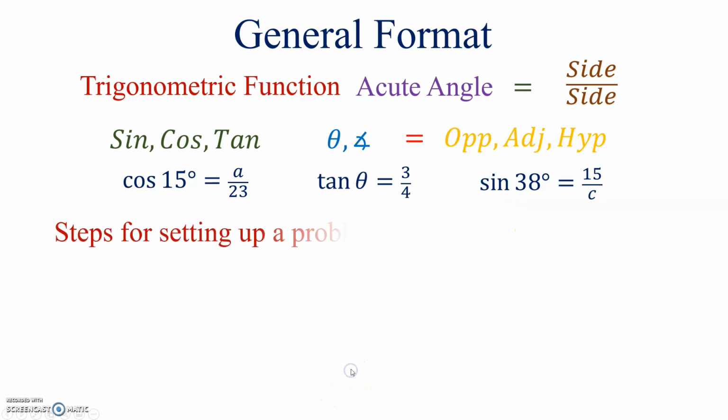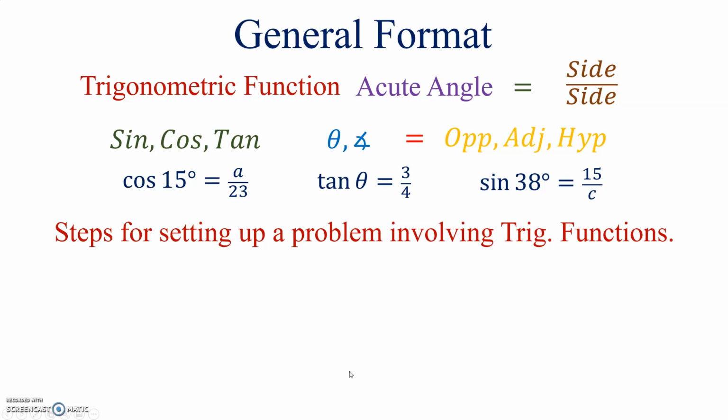All right, so now I'll give you some steps on actually creating these equations. Steps for setting up a problem involving trig functions. Step 1 is to identify the acute angle referenced in the problem. That's the first thing you want to look for, the angle that's being referenced in the problem.